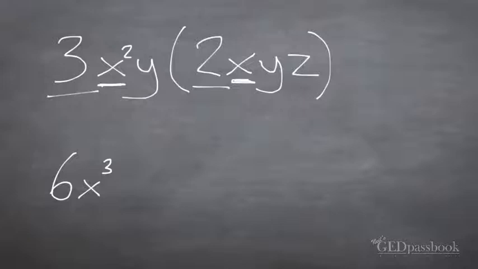X cubed, right? We're adding our exponents, right? Then you ask yourself, what is this y times the other y? Then you ask yourself, what is this z times the other z? Z. Exactly. If there's no other term, you just throw it down the way it is. Z.